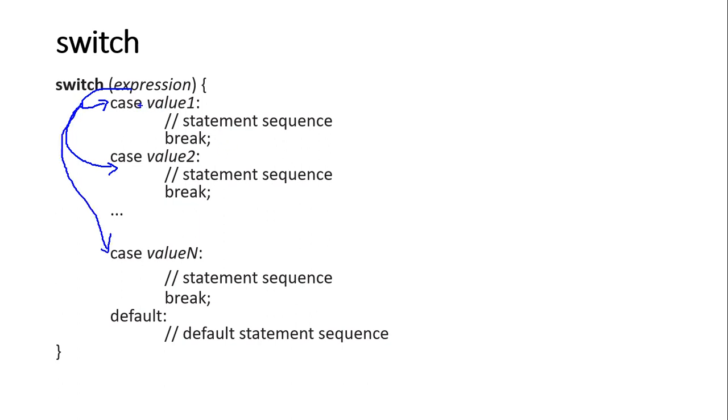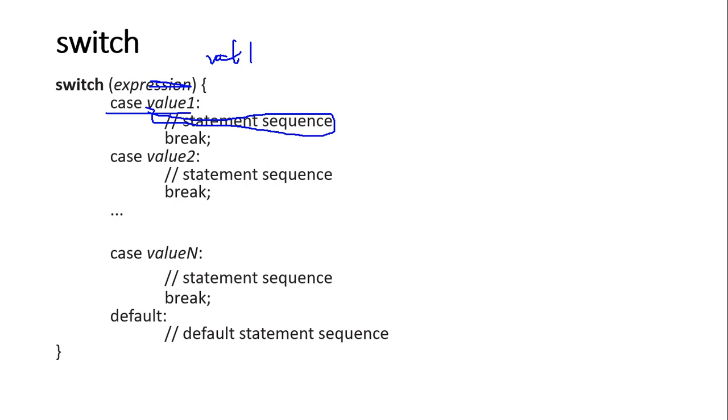So you have the case with the value 1. What that means is, if your expression evaluates to value 1, then whatever you write after the case value 1 will be executed.